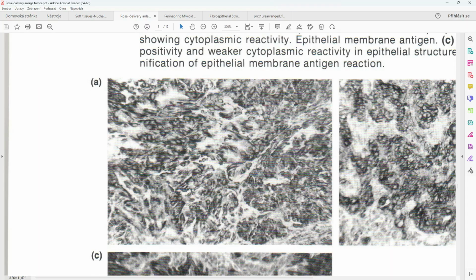And the authors, Rosai and Denner, thought it's spindle cell stroma like in pleomorphic adenomas of salivary glands, so they called it salivary enlarged tumor. We think it's a unique tumor, not looking different.